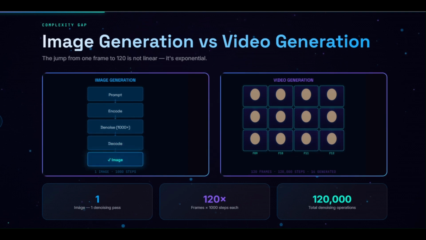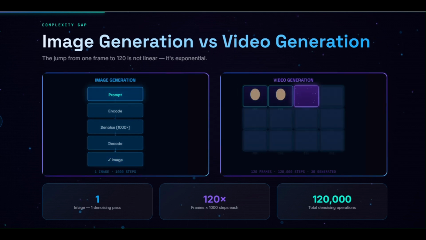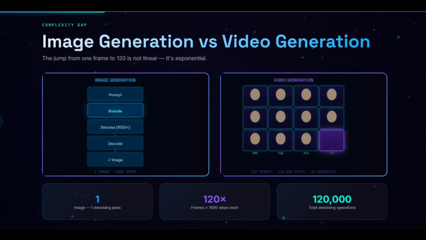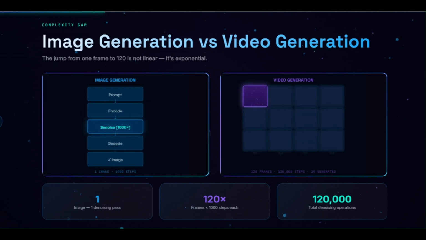But computation isn't the real problem. The real challenge is consistency. Every frame must agree with every other frame. The same character must remain the same character. The same shirt must remain the same shirt. The same environment must remain the same environment. And that's where AI starts struggling.